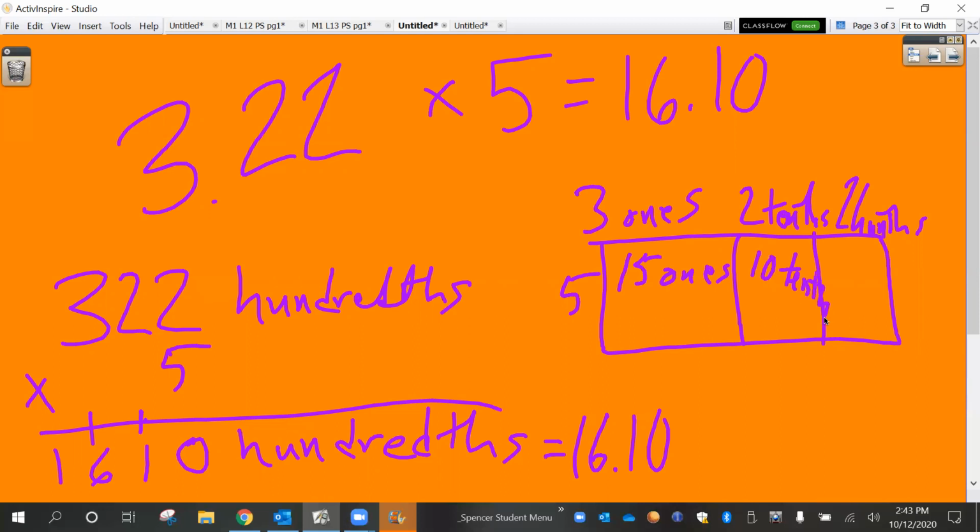And 5 times 2 hundredths is 10 hundredths. So if we convert those, we know that's 15 plus, well, 10 in the tenths place is really just 1.0. So we're at 16, and then 10 hundredths we know is 0.10 or 1/10. So our answer, 15 plus 1 is 16, plus 1/10 is 16.1.